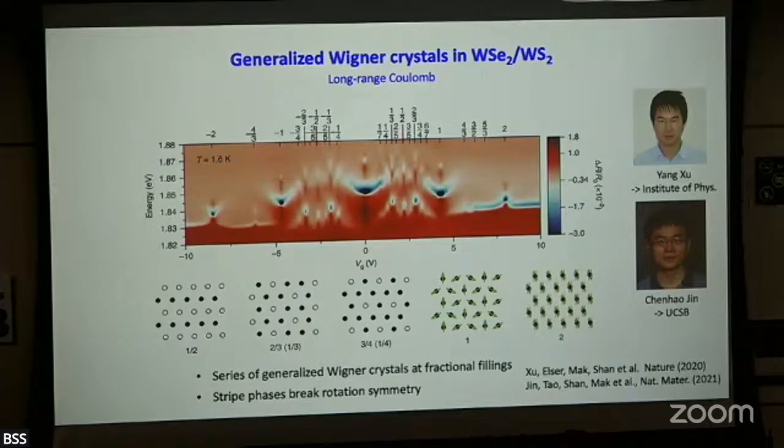Okay, so now if we look at, for example, filling 1/2, it breaks rotation symmetry, right? You can see this immediately. So can we also see this in experiment? And the answer is yes, using the technique I talked about yesterday by following the polarization. If you look at this, this direction and that direction definitely is different.